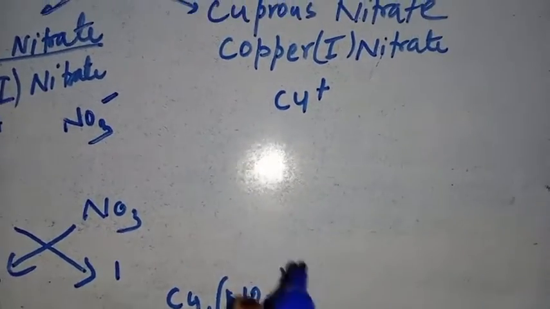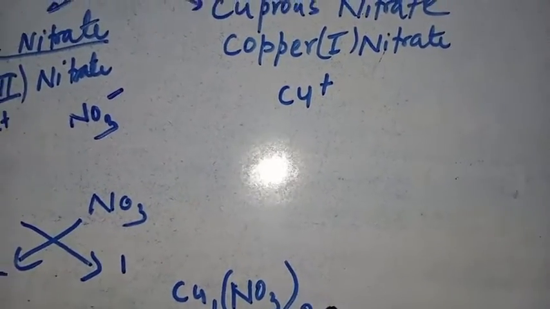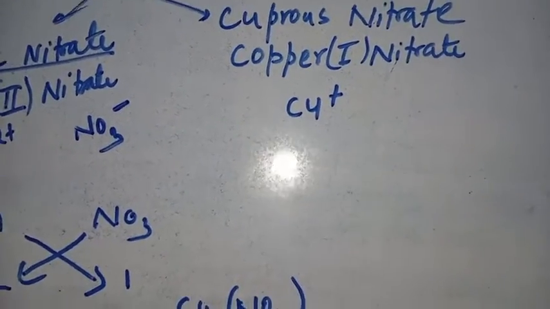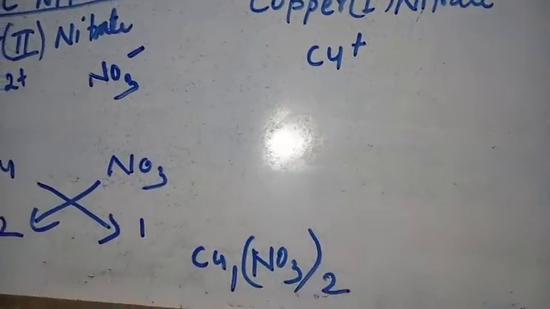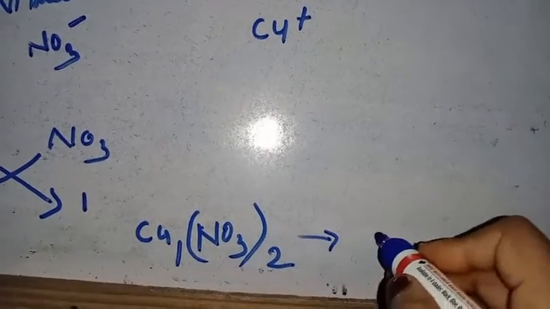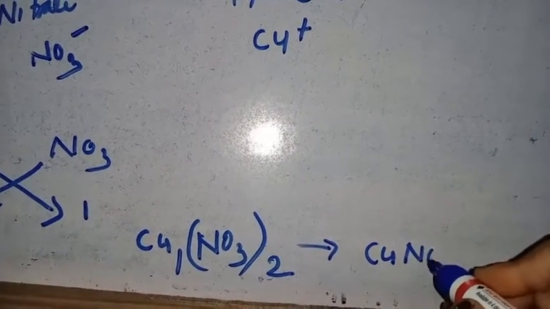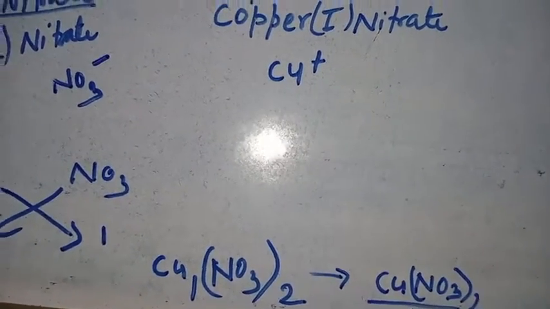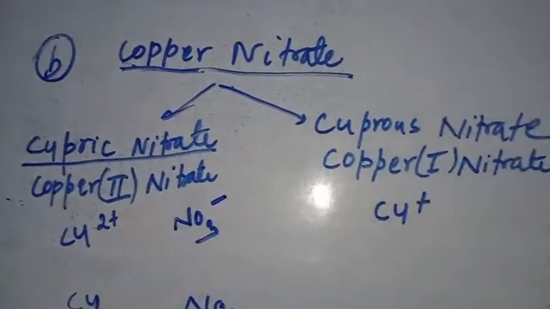So we write the bracket, and we have to write the 2 overall, the whole 2. So Cu1(NO3)2 can be written as Cu(NO3)2. So this is the formula of copper 2 nitrate or cupric nitrate.